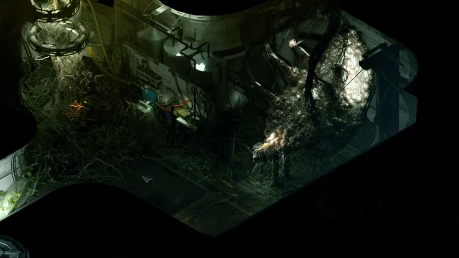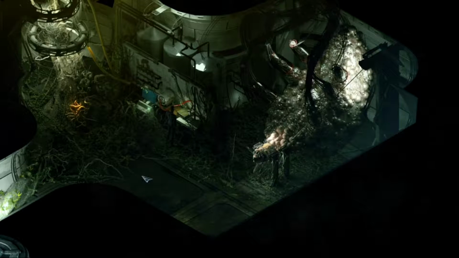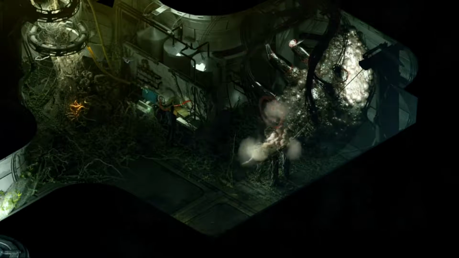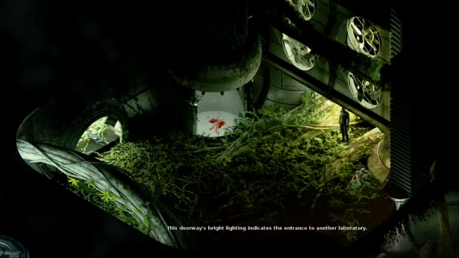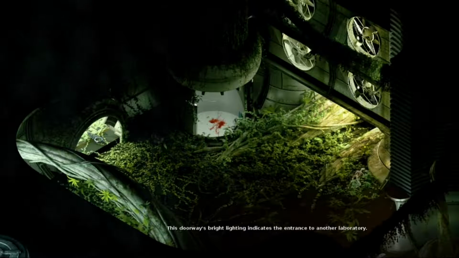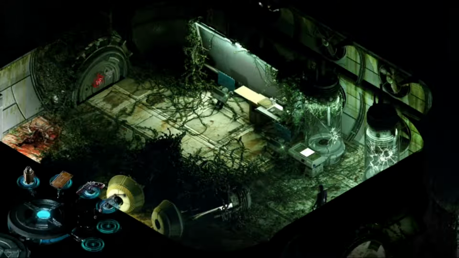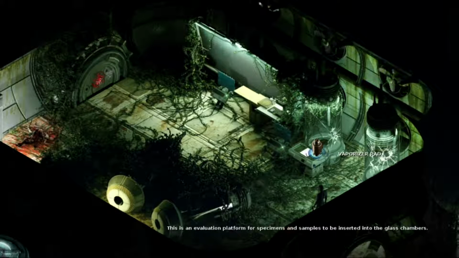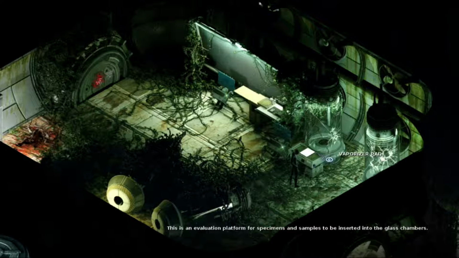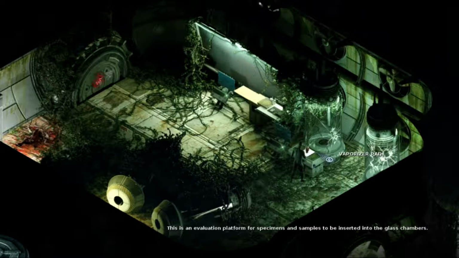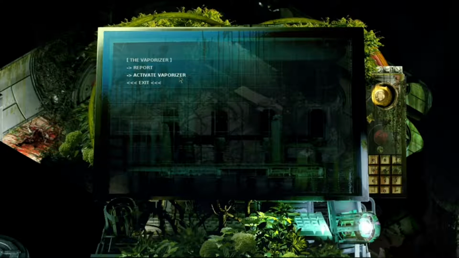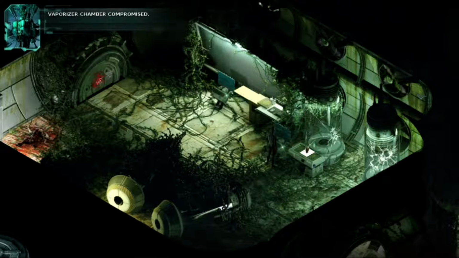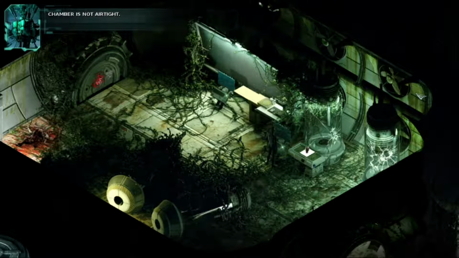It's only one. Okay. We still need to find something to seal the vaporizing chamber. Let's go over here. Activate vaporizer. Vaporizer chamber compromised. Chamber is not airtight.